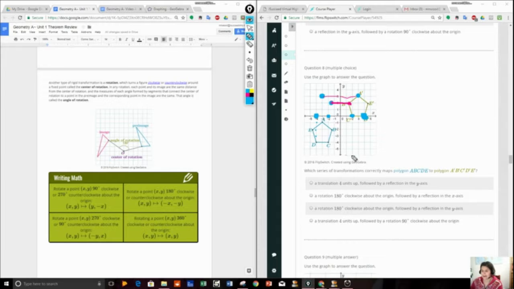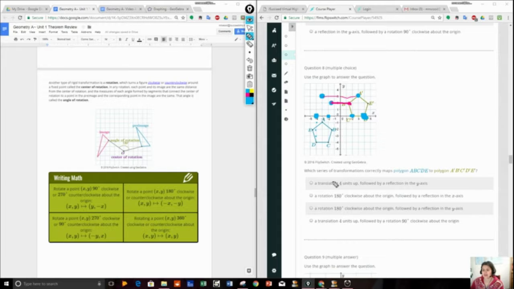And I'm going to let you know what maybe this thought came in. Do I have to check every single point to say yes, it was translated up 4 units and followed by a reflection in the y-axis?